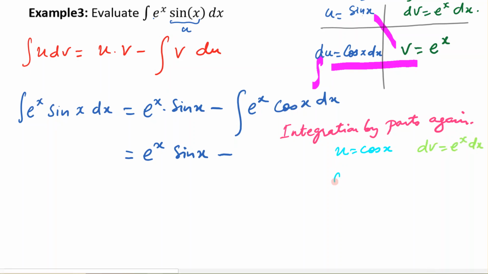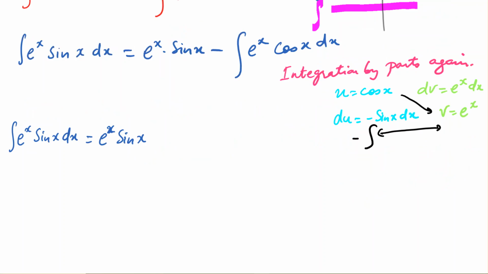Thus, the differential of u would be negative sine x dx, and the integral of dv would be e raised to power x. So again, we do u times v diagonally, and then v times du, and we subtract this integral.